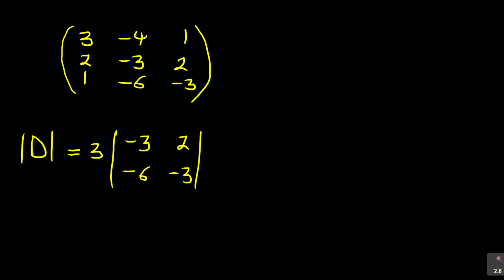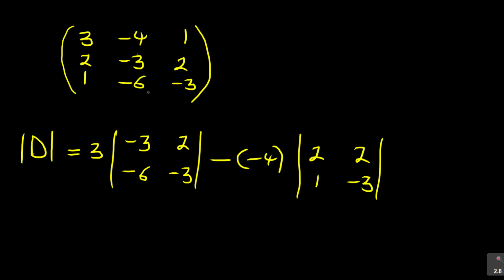And then the next one is minus 4. So I'm going to be left with 2, 1, 2, minus 3. So now remember though that it's minus bracket minus 4. Guys, this is revision. That's why I'm just moving much faster. This is 2, 1, 2, minus 3. I think there is actually more work I focus on. Check my previous videos where I focus on solving simultaneous equations for x, y, and z.